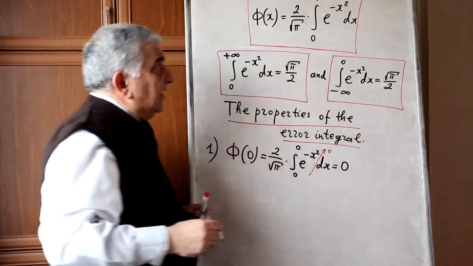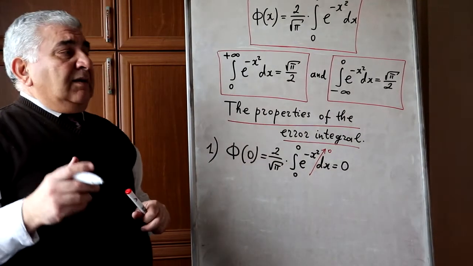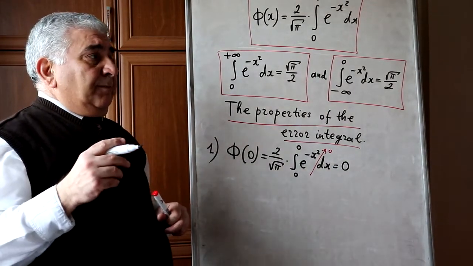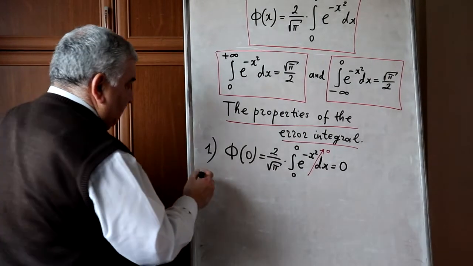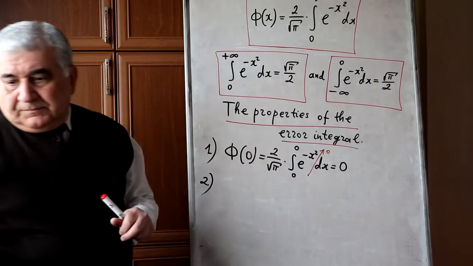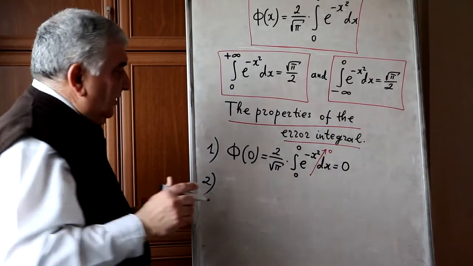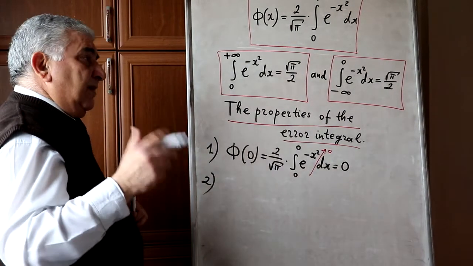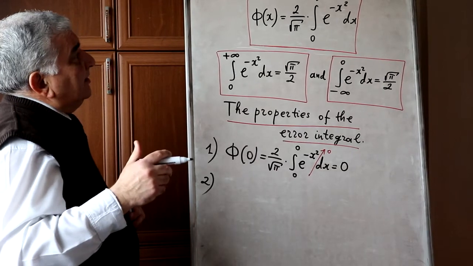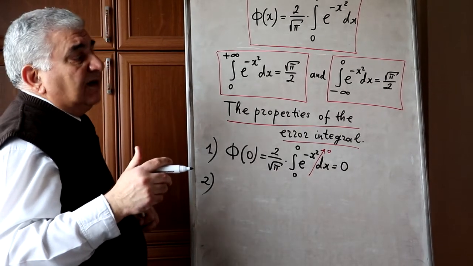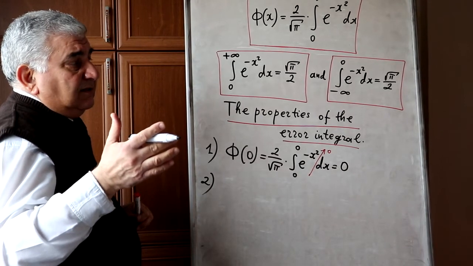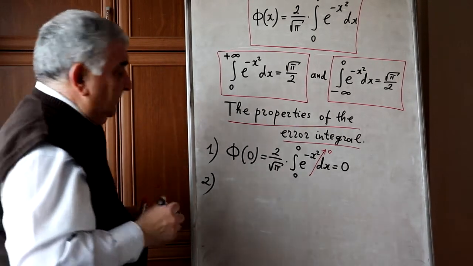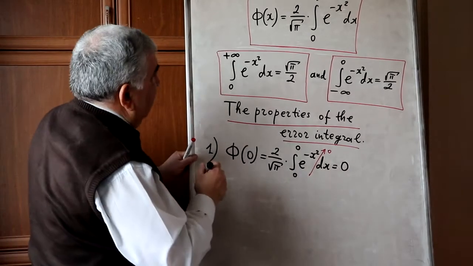It means the graph of the error integral passes through the origin. Second property. We must prove that the error integral is an odd function.